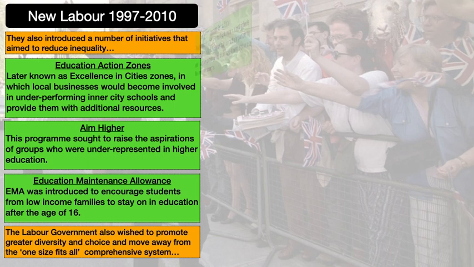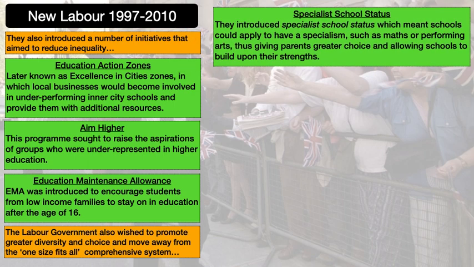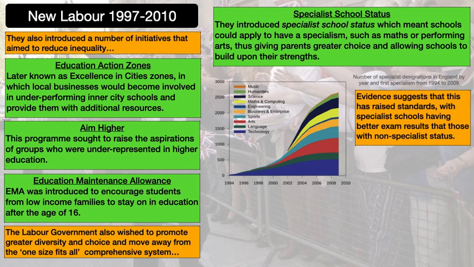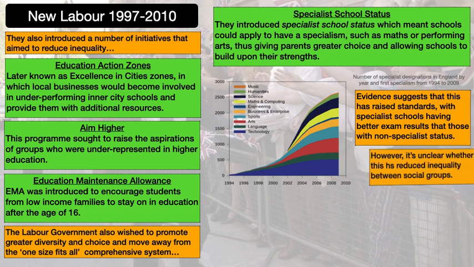So Labour introduced the specialist school status, which meant that schools could apply to have a specialism, such as maths or performing arts, and thus giving parents a greater choice, allowing schools to build on their strengths. Now, evidence suggests that this has raised standards within specialist schools that have better exam results than those with non-specialist status. However, it is unclear whether that has actually reduced the inequality between social groups.